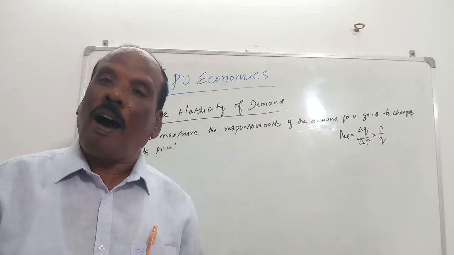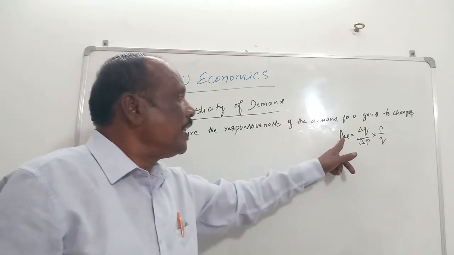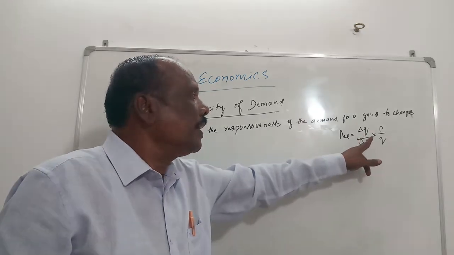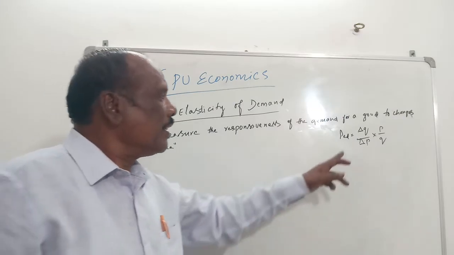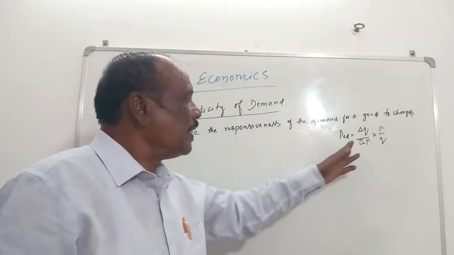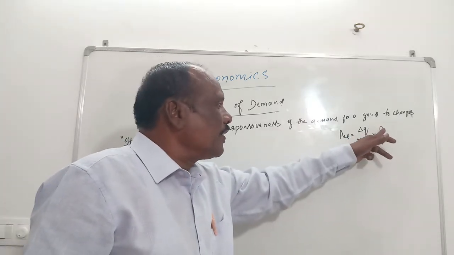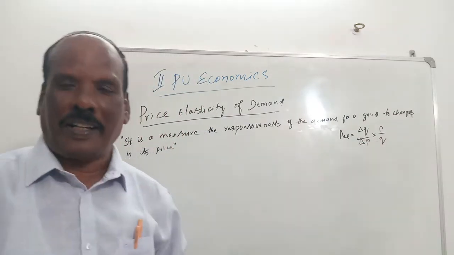And the formula of price elasticity of demand is: PED is equal to delta Q divided by delta P into P divided by Q. Here delta Q means change in quantity demanded, delta P is change in price, P is the initial price and Q is the initial quantity demanded.